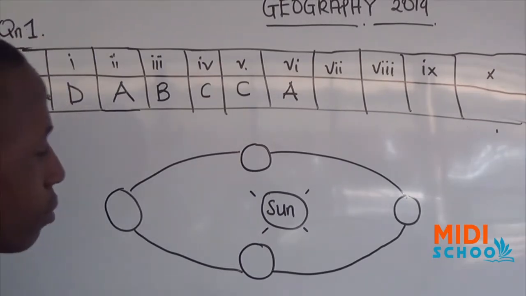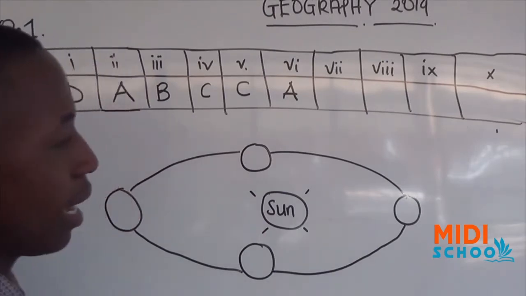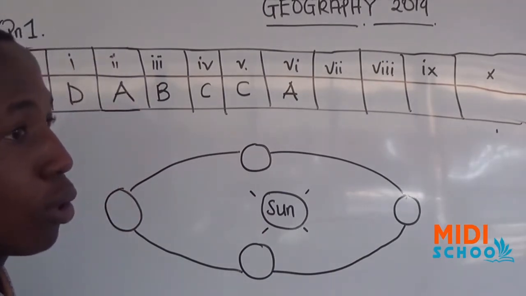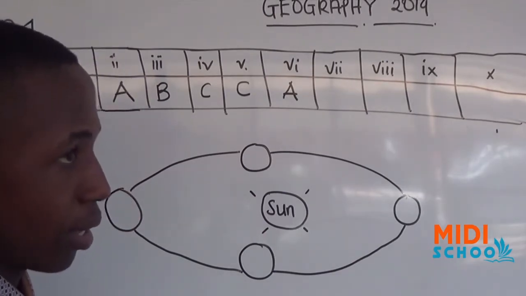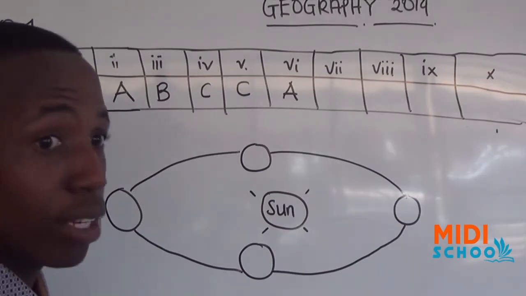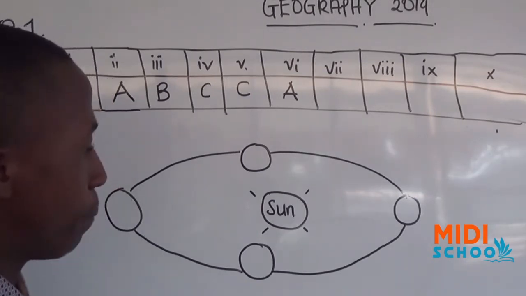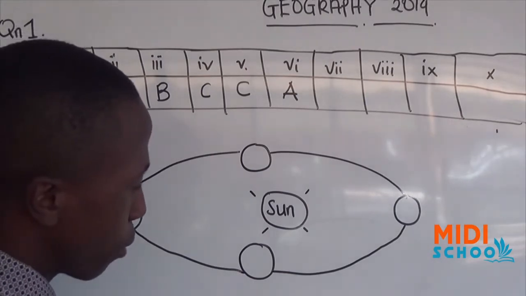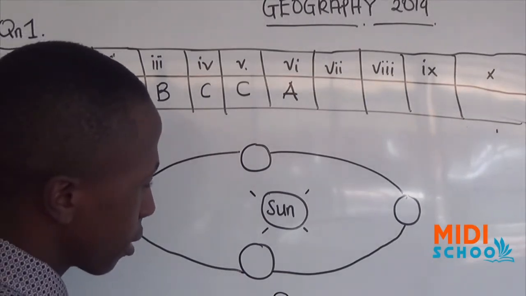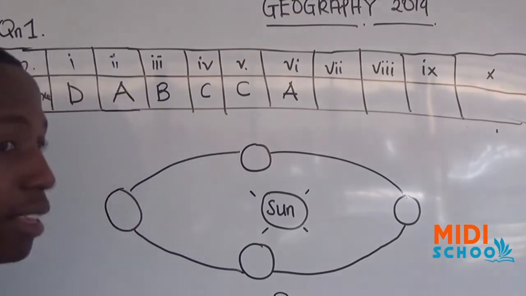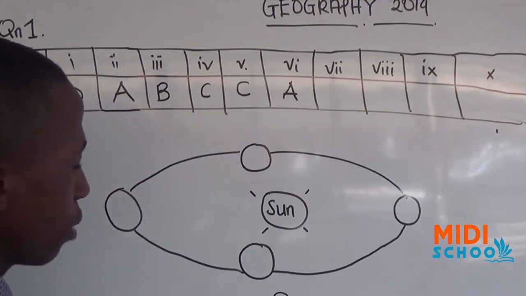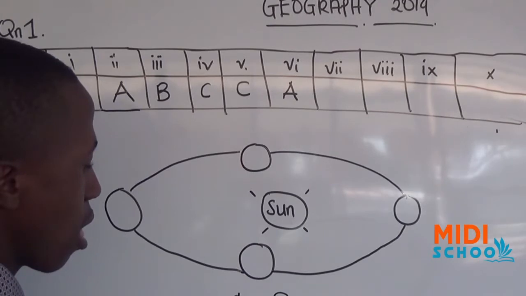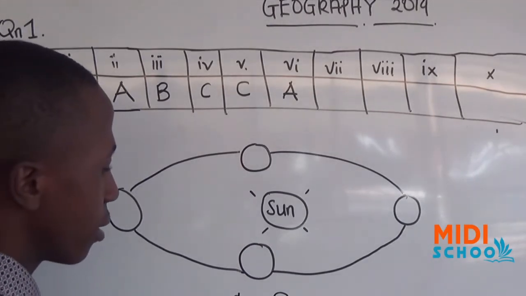And the earth revolves anti-clockwise from the Tropic of Cancer to the Tropic of Capricorn. It starts from Cancer. This is the Tropic of Cancer, and this is on the 21st of June.